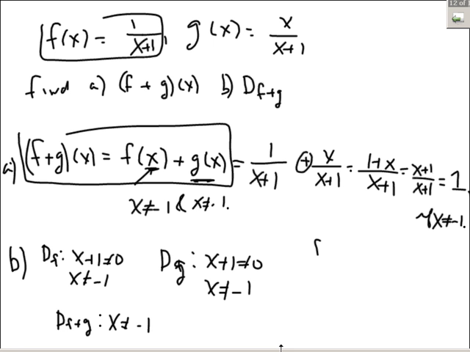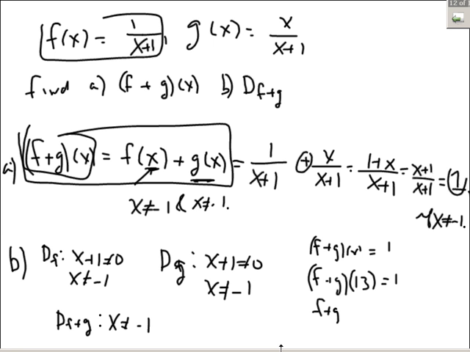Because if I claim that f plus g of x, what I have to the left, equals 1, then I have a problem. I mean, yeah, f plus g of 13 is 1. But f plus g of negative 1, when you plug this in, you also get 1, which is wrong. It's wrong if you just say it's 1.